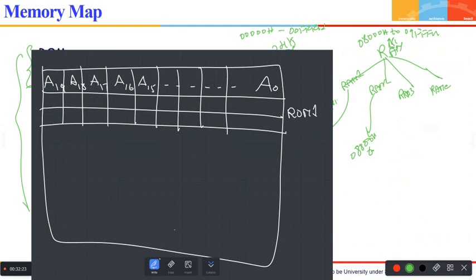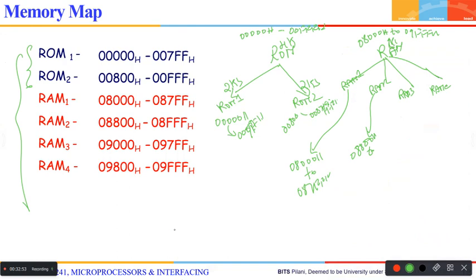You see, A19 to A15 is all 0, right? You need not represent it here because writing this table takes a very long time. Whichever address lines are permanently 0 in this entire address range, don't write them. Is it possible in this address range?